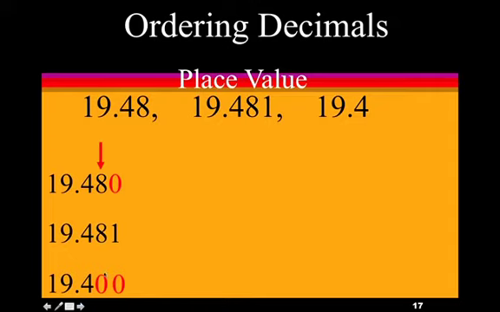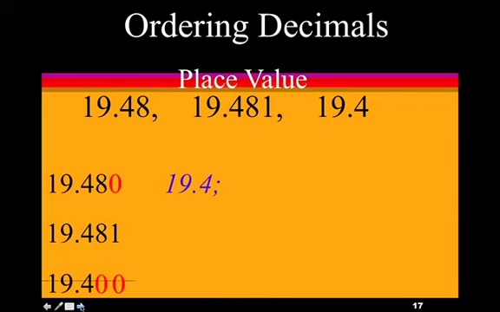I know that the 0 is less than 8, and the task they have given me is to organize these numbers from the least to the greatest. So I know I'm going to start with the 19.4 in its original form. I don't need to write the zeros anymore if I don't want to.